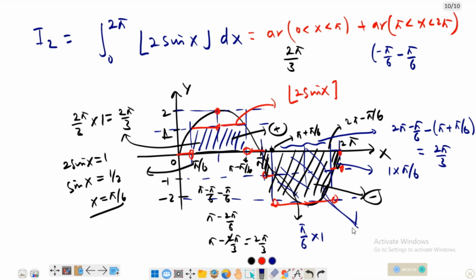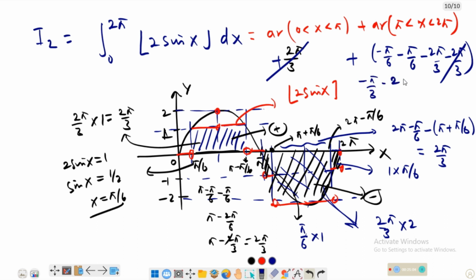So this area is 2 pi by 3 into 2, with a minus sign. Here is positive sign, here is negative sign, so this quantity cancels out. So this is minus pi by 3 minus 2 pi by 3, equal to minus pi. So this I2 is also equal to minus pi.